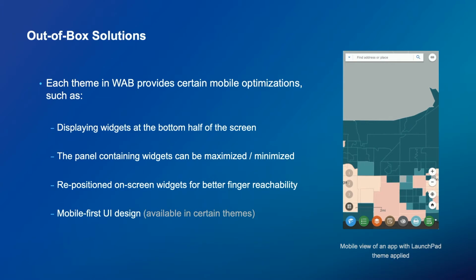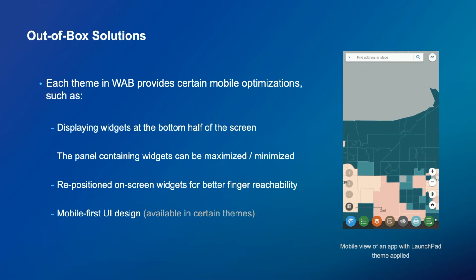For example, in the LaunchPad theme, which is shown on this slide, certain UI elements have been repositioned in the mobile view. And the last one is that some of the themes utilize that gmu-is-mobile class name to write custom CSS rules tailored for mobile.